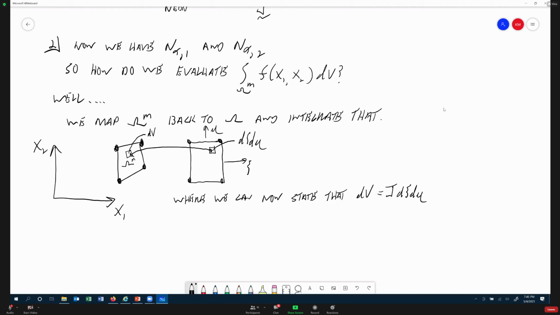In this particular case, to go from one coordinate system to another, I told you that this Jacobian is a matrix, right? But in reality, the way we want to think about it is, so this is the Jacobian.